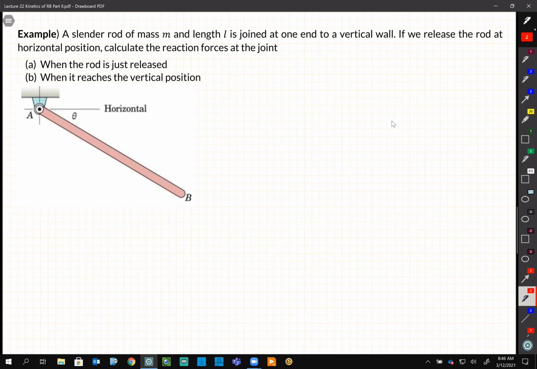Always start with the free body diagram. And remember here in dynamics, we have 2 diagrams. One is the free body diagram for the forces. The other is the kinetic diagram, the acceleration diagram, right?